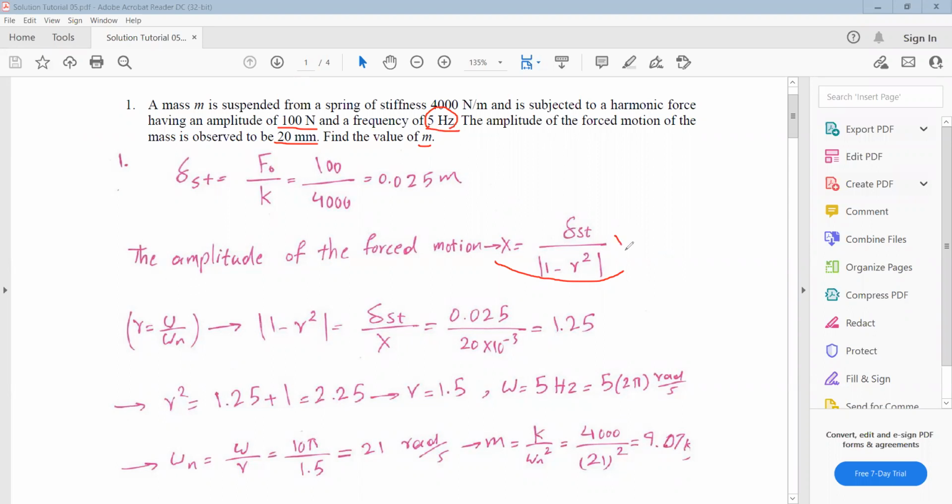So we can start by obtaining the static deflection, which is equal to the amplitude of the external force divided by the stiffness. We know that F is equal to K times X when we deal with the static problem. So this X is the static deflection, which we call delta st, and it's equal to F divided by K.